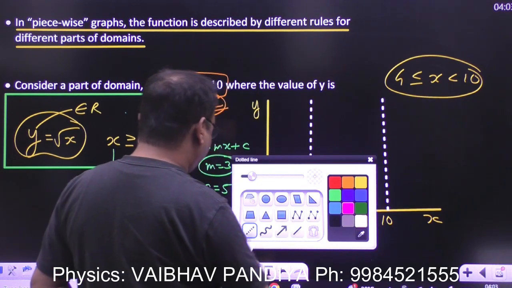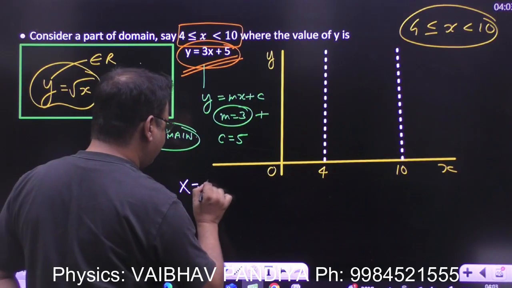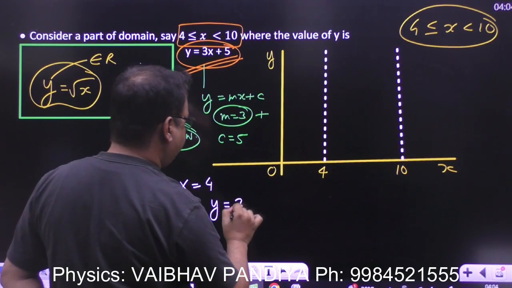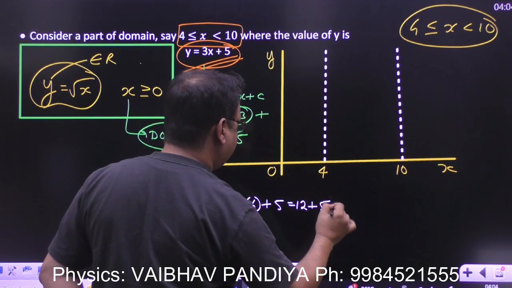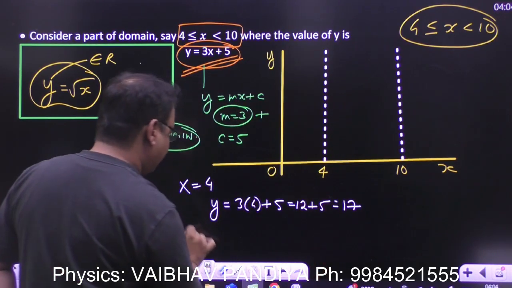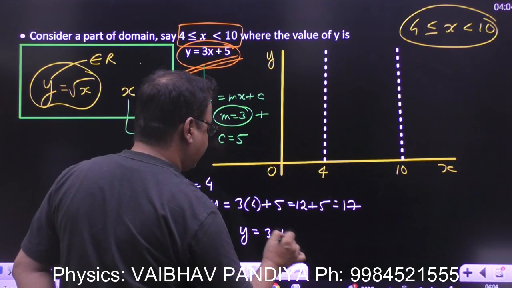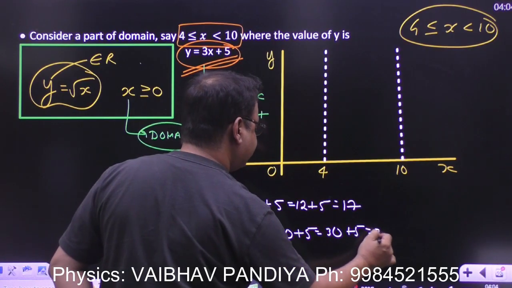So let me find what will be the value. It is very simple. When x is equal to 4, y will be 3 into 4 plus 5, that is 12 plus 5, that will make 17. And when x is equal to 10, y will be 3 into 10 plus 5, that is 30 plus 5, that makes 35.